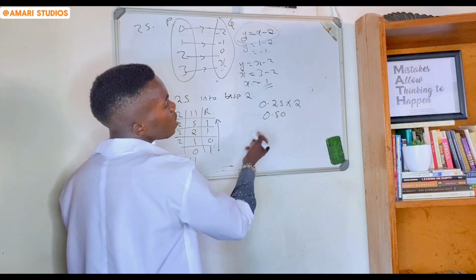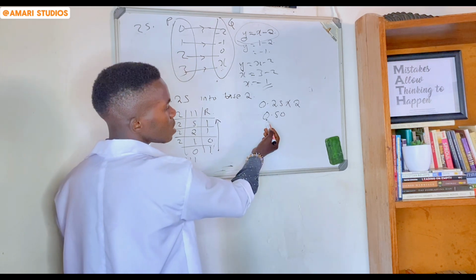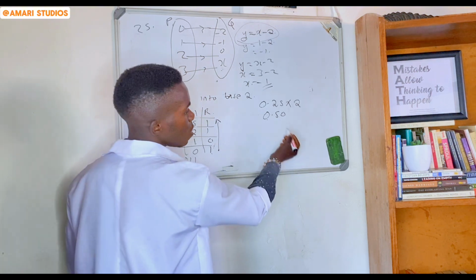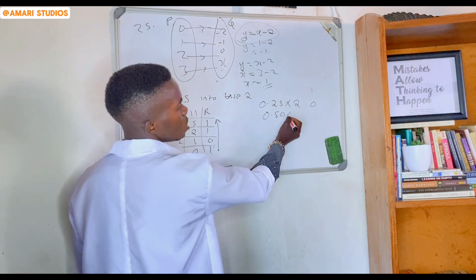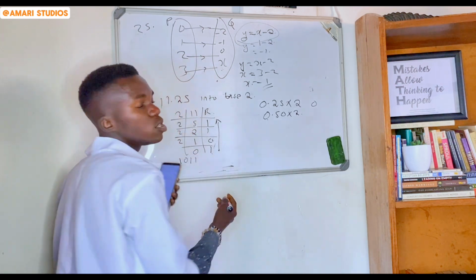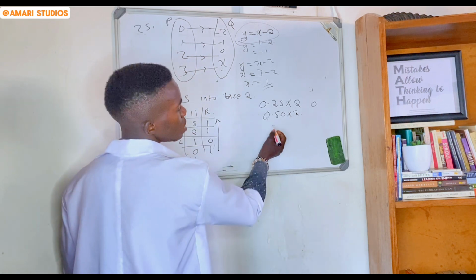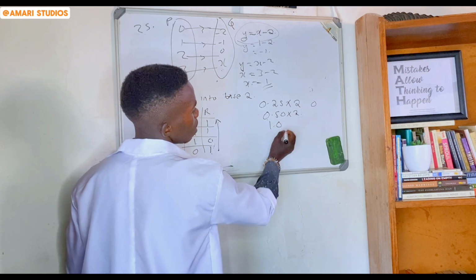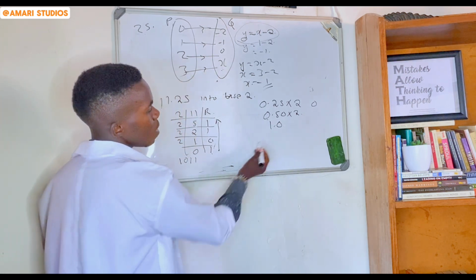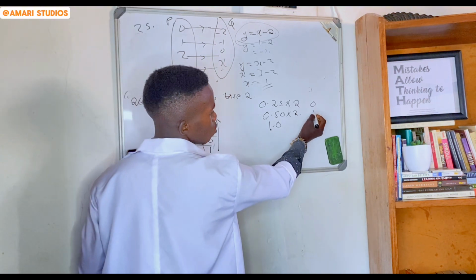Instead of writing remainders, you take the number before the point, which in this case is 0. That will act as your remainder. Then you multiply again by 2 until you get a whole number. 0.50 is going to give us 1.0 as our whole number, and the number before the point is 1, so you write 1.